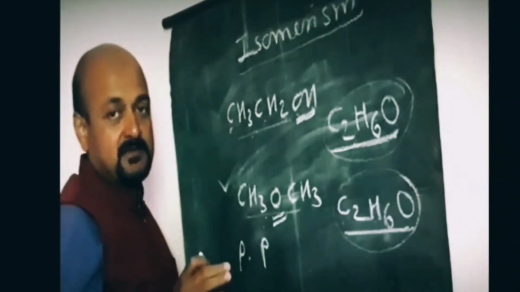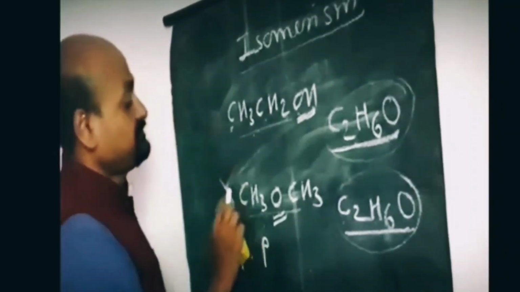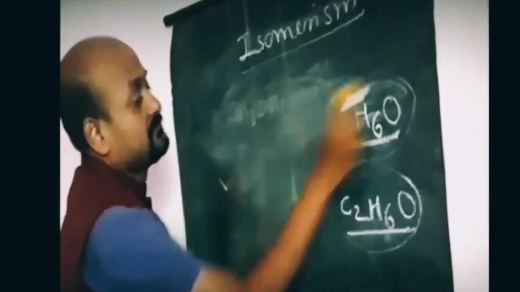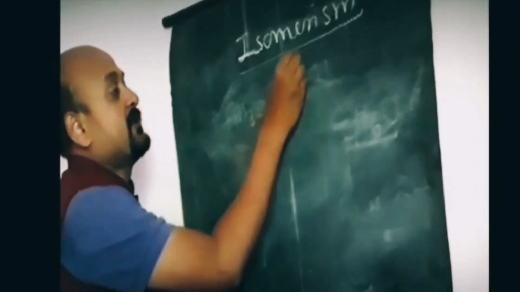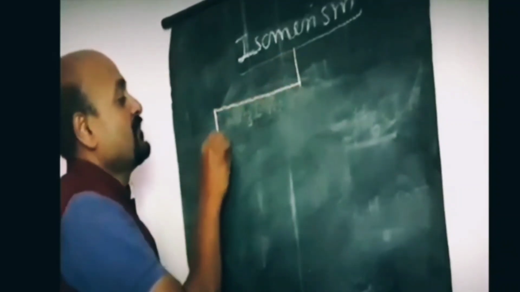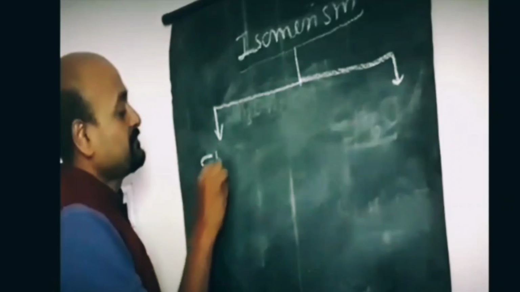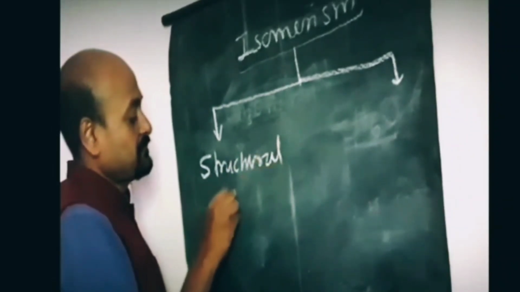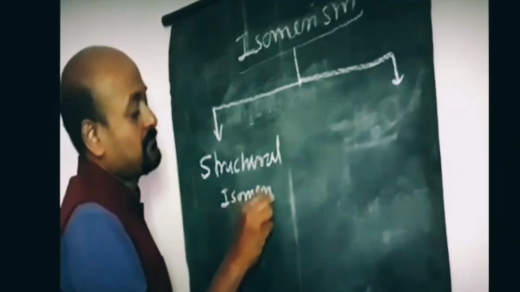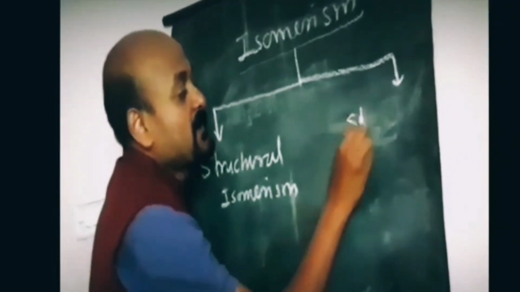Now let us discuss various types of isomerism. So isomerism is of 2 types. One is a structural isomer, and another is a stereoisomerism.